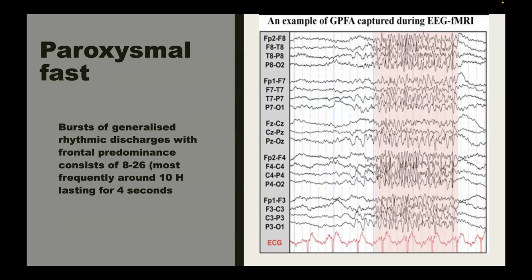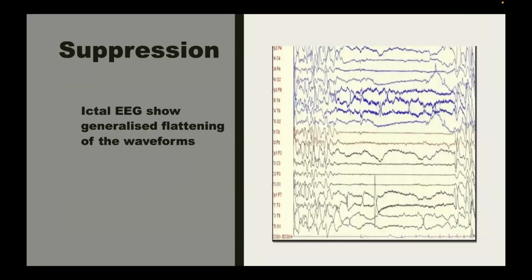As we know, we can calculate the paroxysmal fast activity by changing the sensitivity of the paper and calculating the time, the first, second, and fourth frequency.